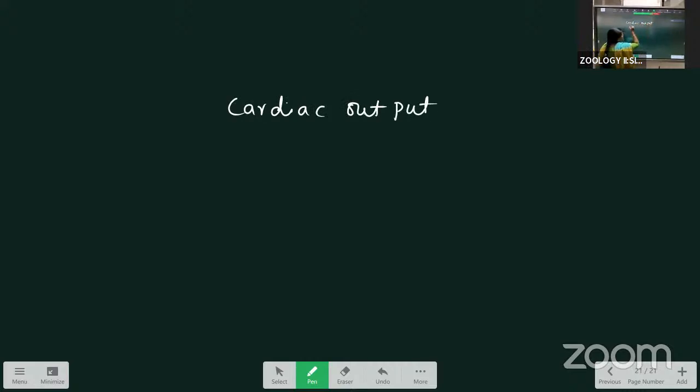Next, third one, cardiac output. Before the cardiac output, we discuss the stroke volume. What is the stroke volume?